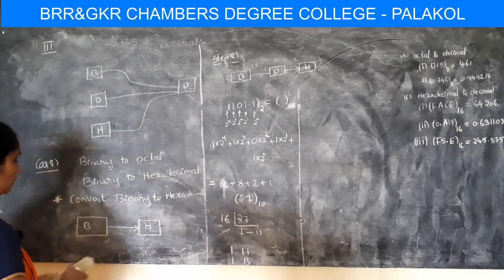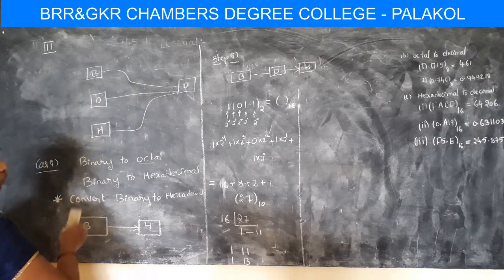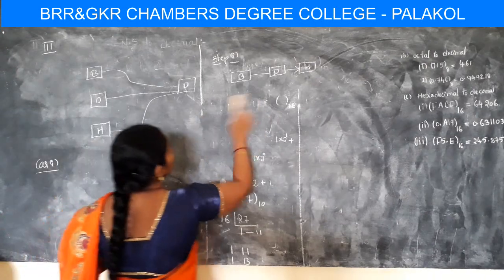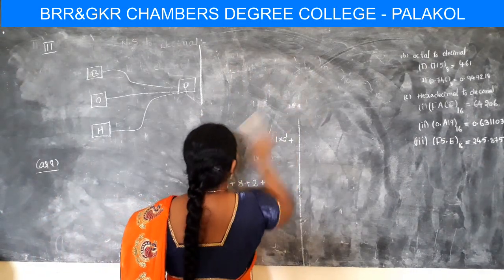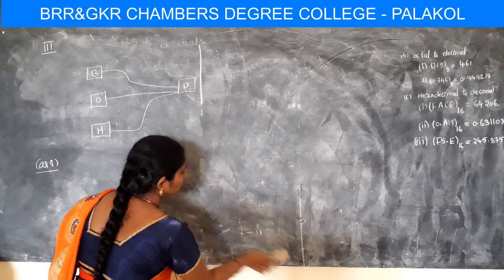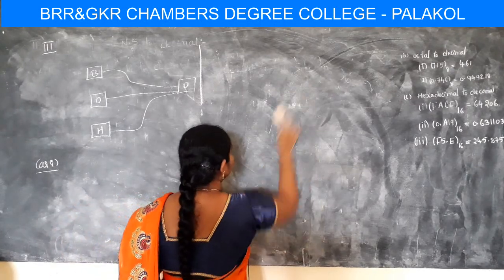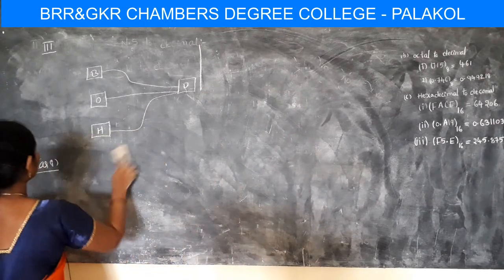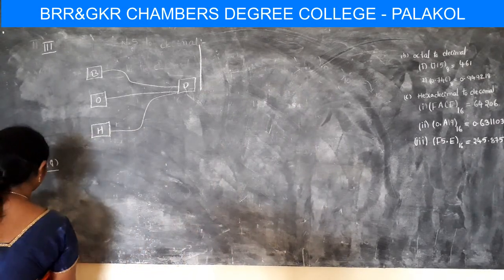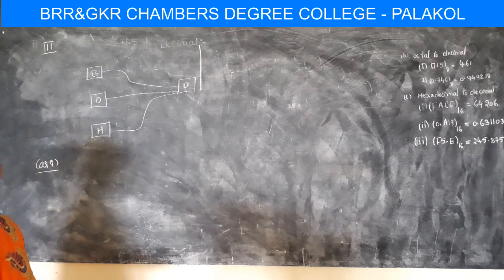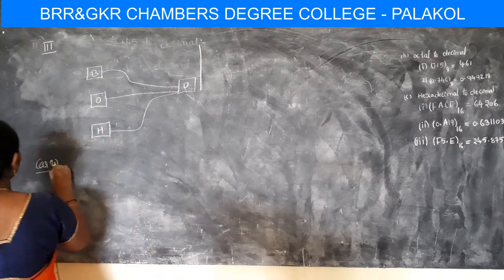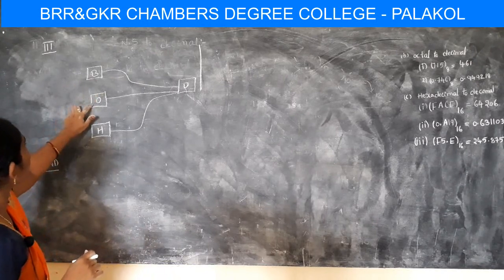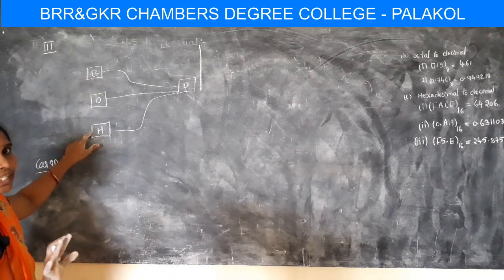So, next one, case number 2. Here binary to octal and binary to hexadecimal is completed.